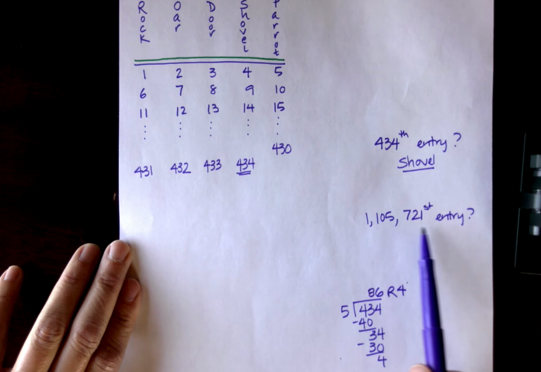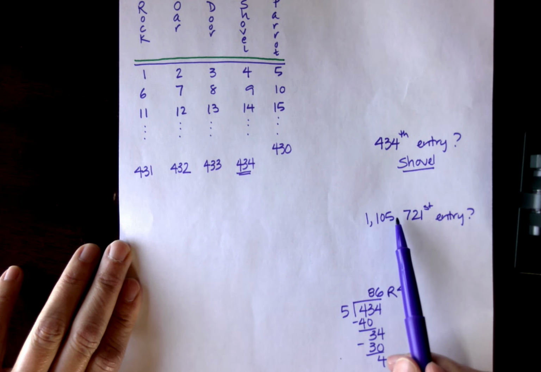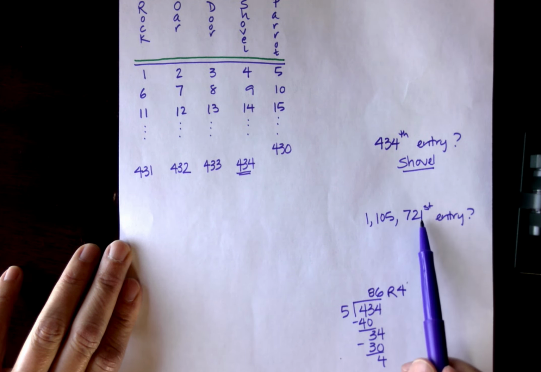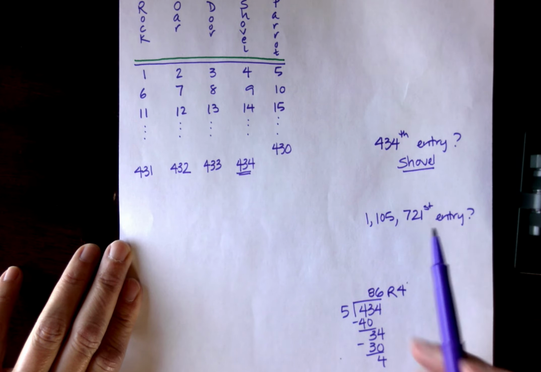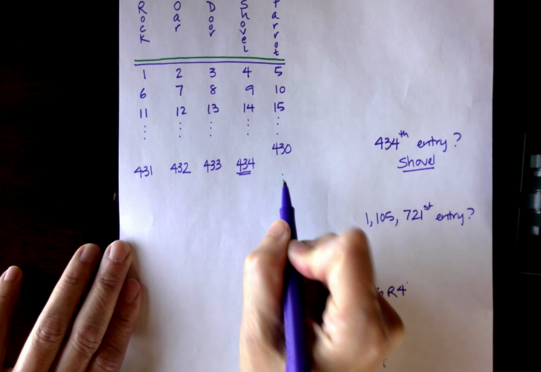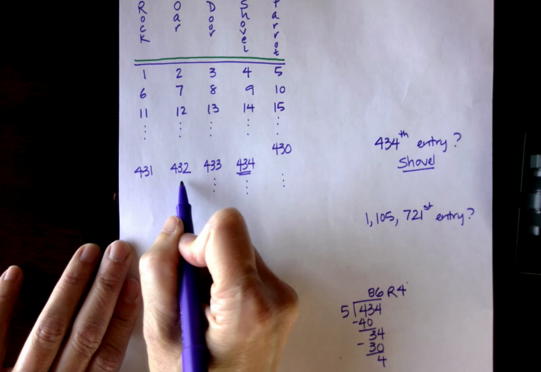Similarly, we could take 1,105,721 and divide it by 5. Same divisor because it's the same sequence repeating over and over again, and see what our remainder would be. We could also notice that 1,105,721 is very, very close to, let me put some more dots in here, extending my table, because nobody wants to write all of these out.